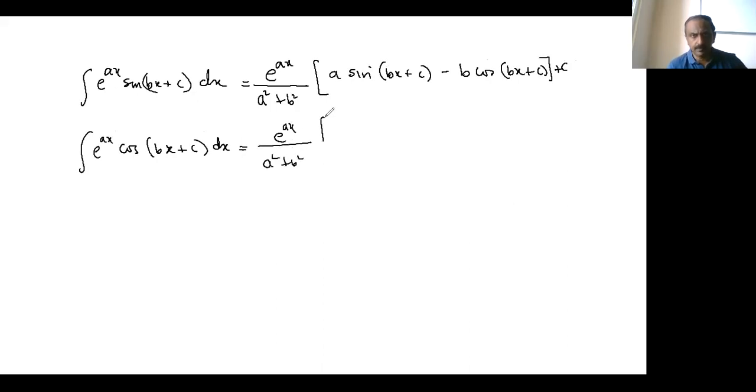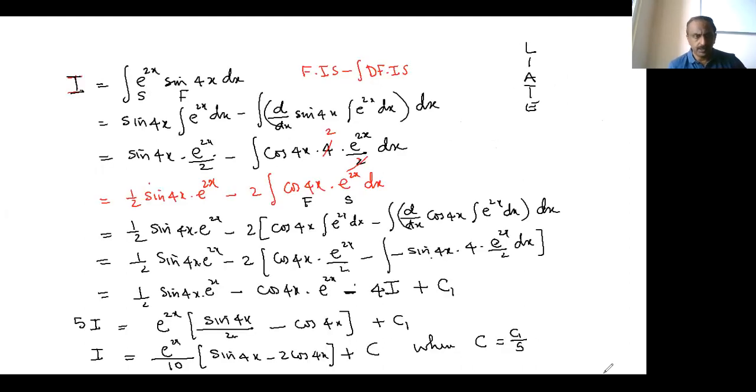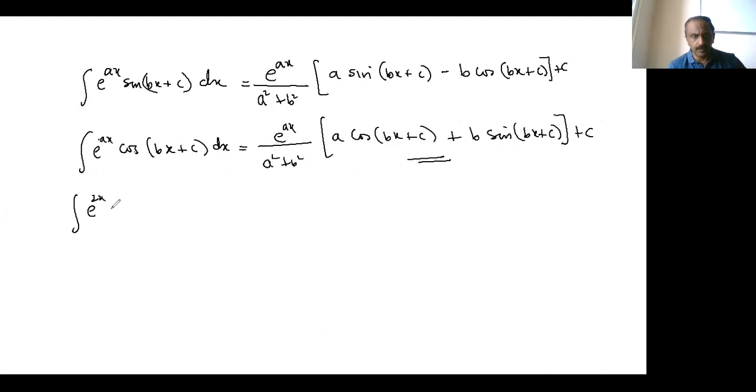This doesn't change. Now it will be a times cos bx plus c and plus b times sin bx plus c. This is your answer.